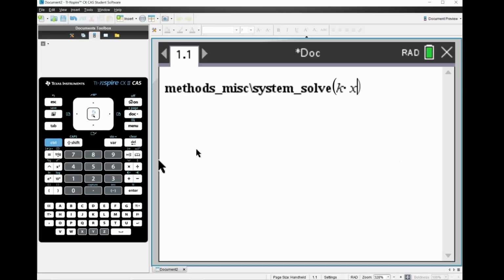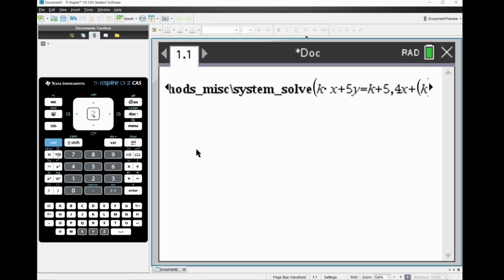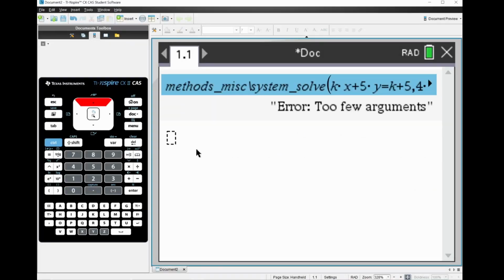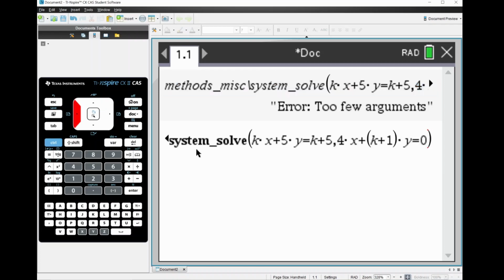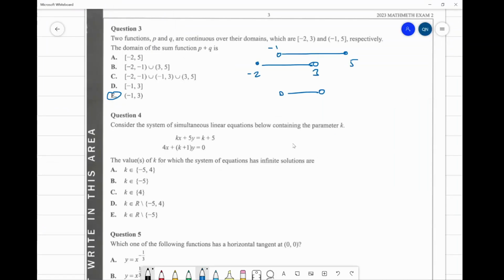So kx plus 5y equals k plus 5, I think that's the first equation, and then 4x plus (k plus 1) times y equals 0. The parameter is k. We want infinite solutions, so it's going to be k equals negative 5.